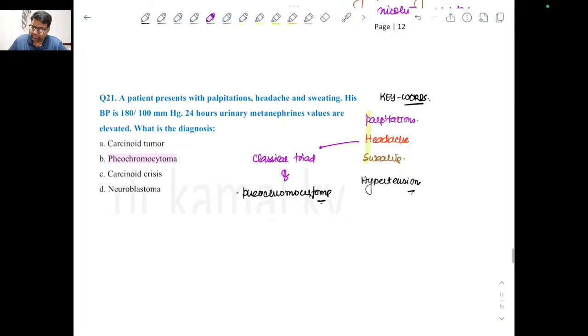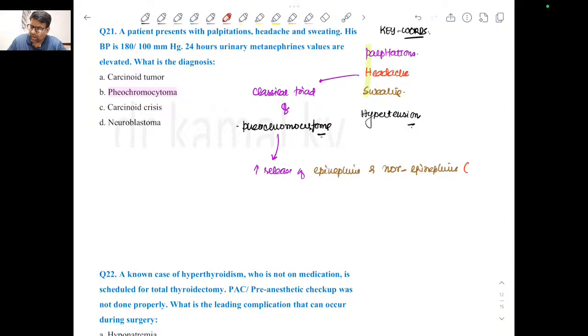Now, what is happening? There is increased release of epinephrine and norepinephrine, which are the catecholamines. Now, they are metabolized and they produce metanephrines or normetanephrines. Clear?